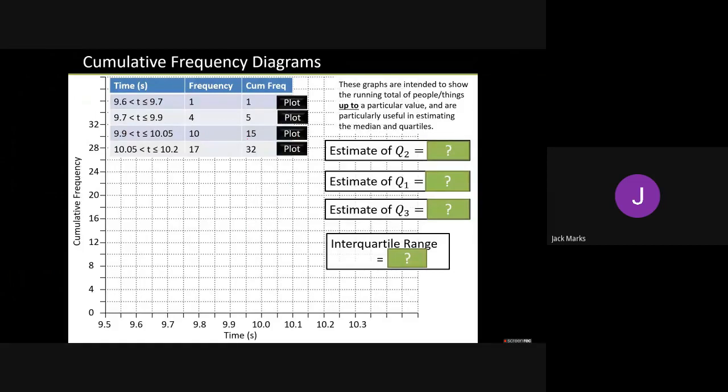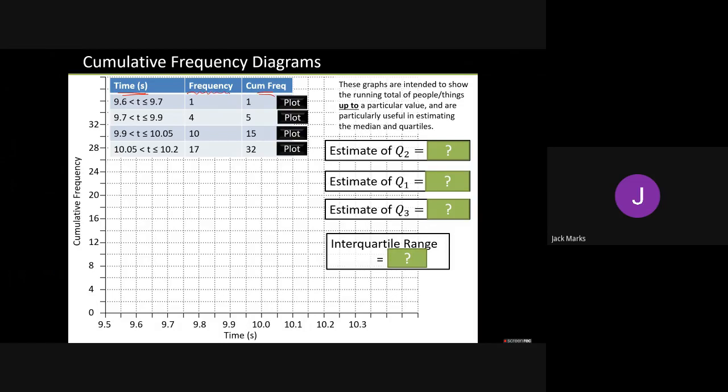And from GCSE, you might remember, we can plot this information. So if this is our table, or it may be written slightly differently, we can plot each of these. And notice how we use these values. So we're going to use the time, and we're going to use cumulative frequency.